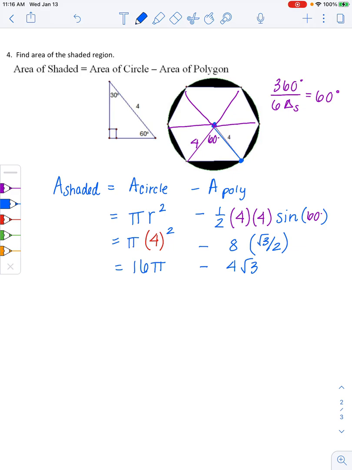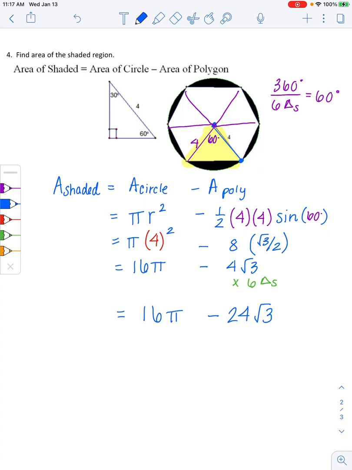But wait, this is just the area of one triangle. That's just of this triangle right here. Don't be that silly goose that forgets that you have to multiply by 6 triangles. So the area of the polygon is really 24 root 3. Subtract that away from your circle.